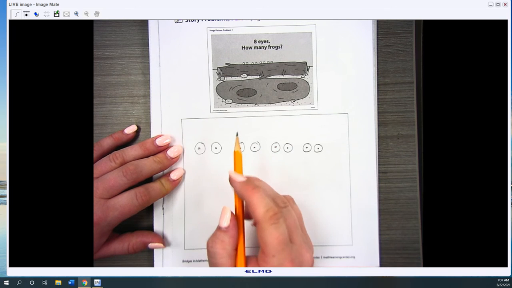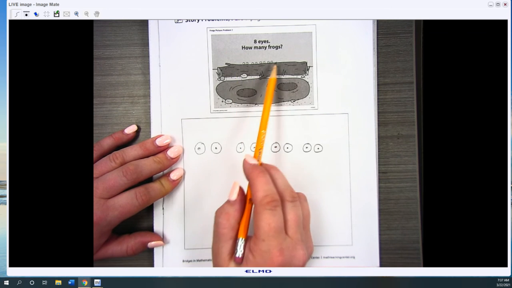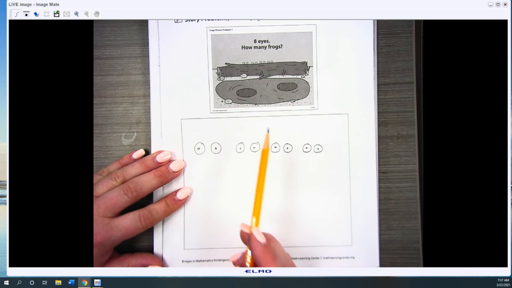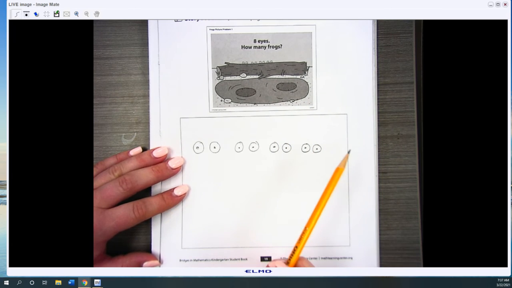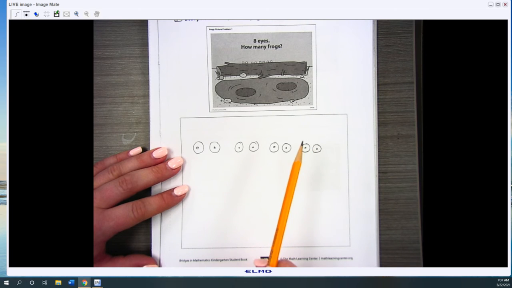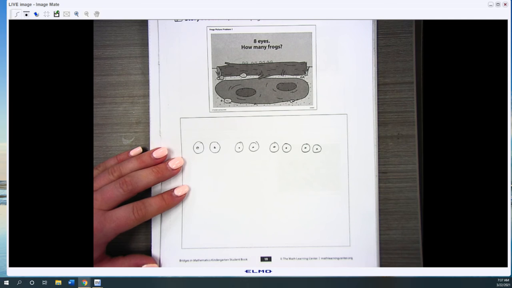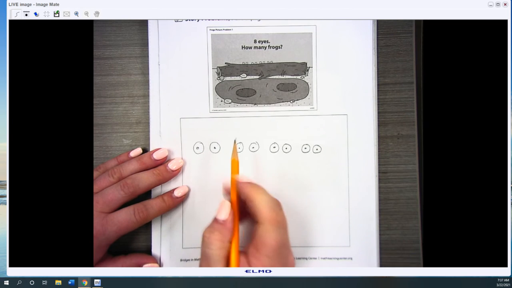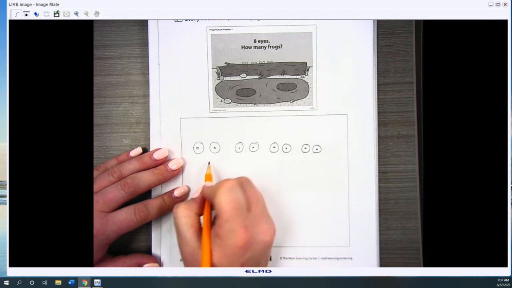Okay, so now I've drawn 8 eyes just like they are up there. Okay, then it says how many frogs? Okay, well I have to think about how many eyes do frogs have. So I know that one frog has 2 eyes. So I know that these 2 eyes belong to one frog.